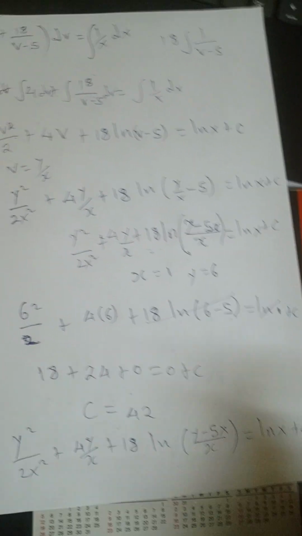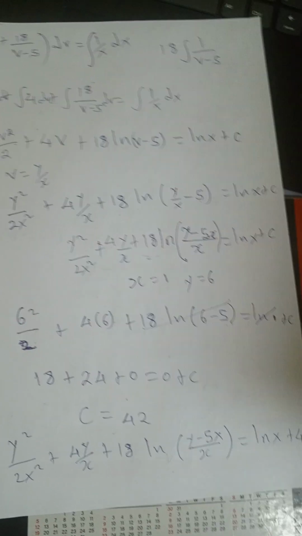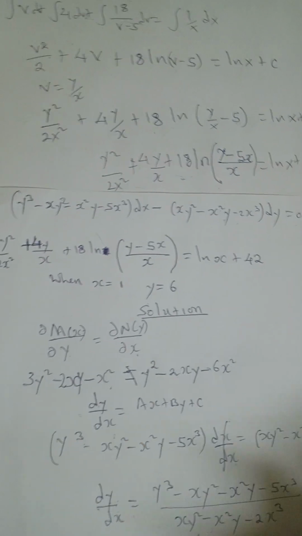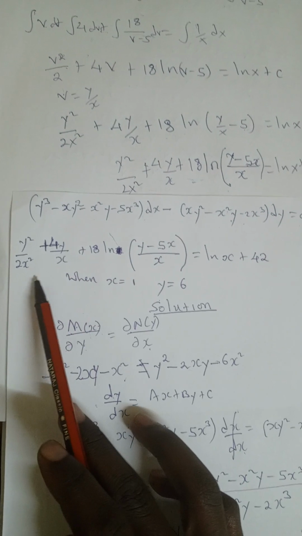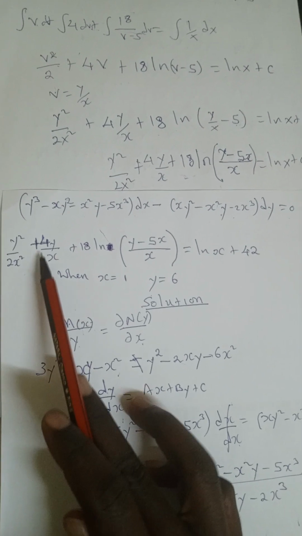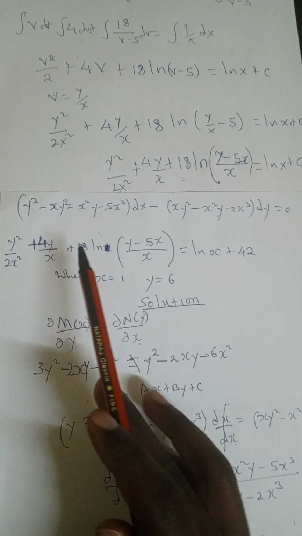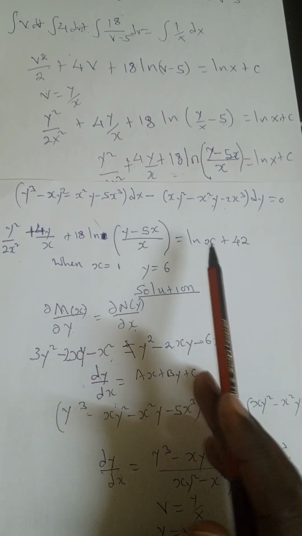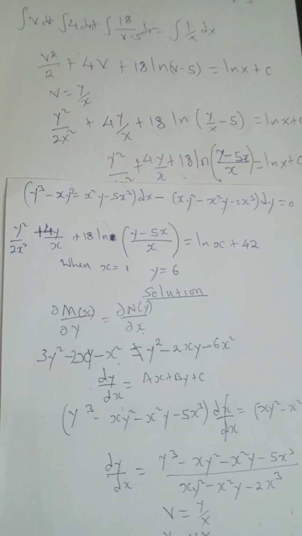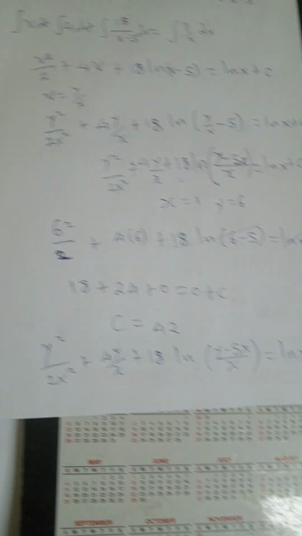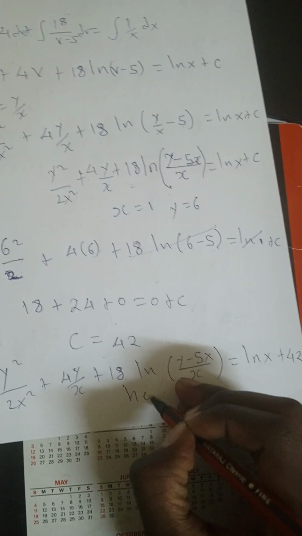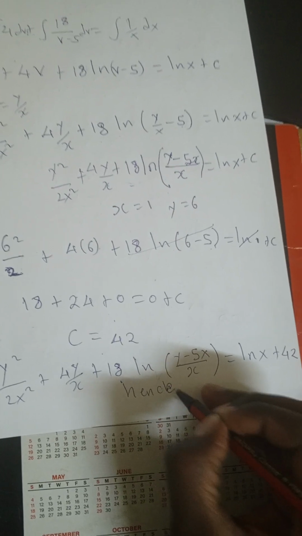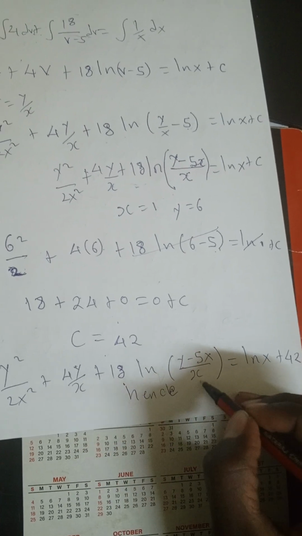Now let's compare with what we were given in the question. Y squared over 2x squared plus 4y over x plus 18 natural log of (y minus 5x) over x equal to natural log of x plus 42. It is what we have found as well. So from here we can just say hence shown.